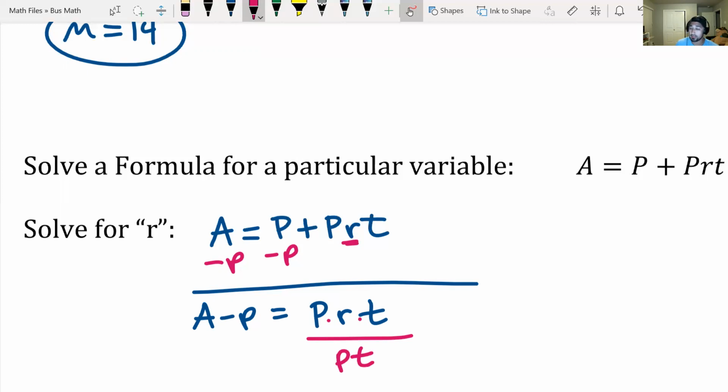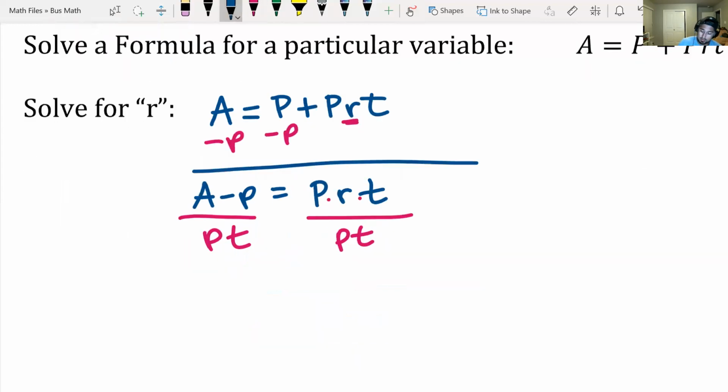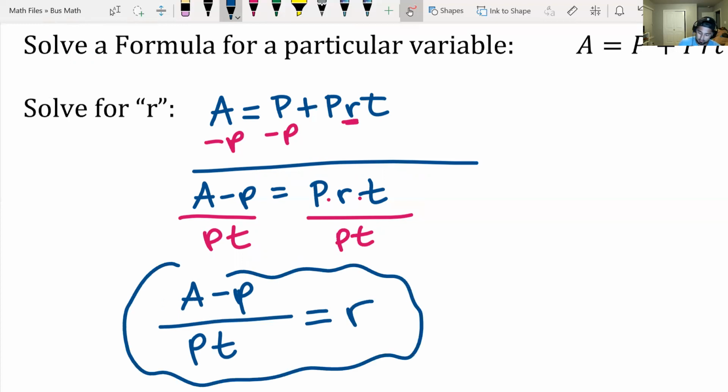That's it. Just divide by PT. And this will give me A minus P over PT equal to R. There you go. We have solved for R.